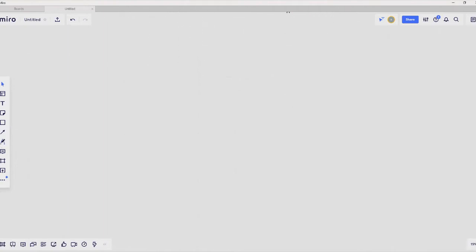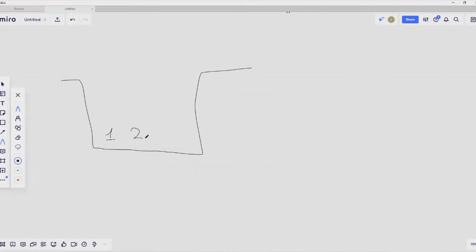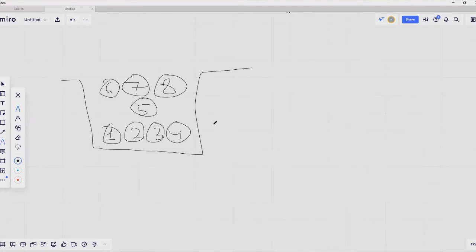So there is an urn. There are chips numbered 1 through 8 in it. Now, let's calculate the probability of the following event.